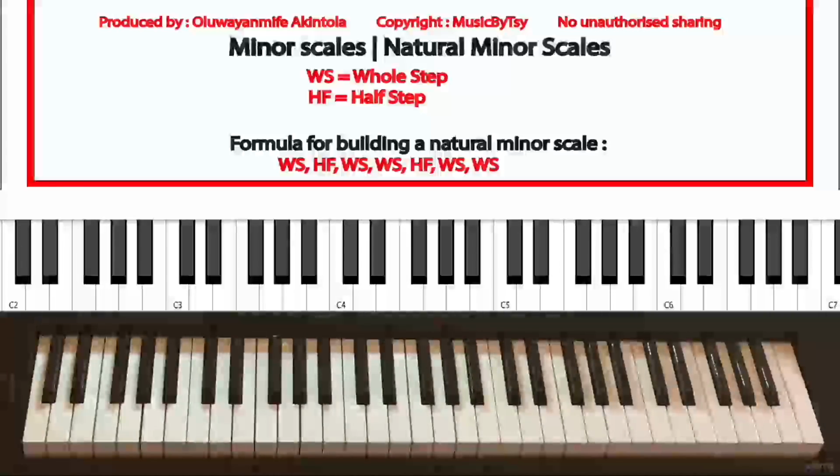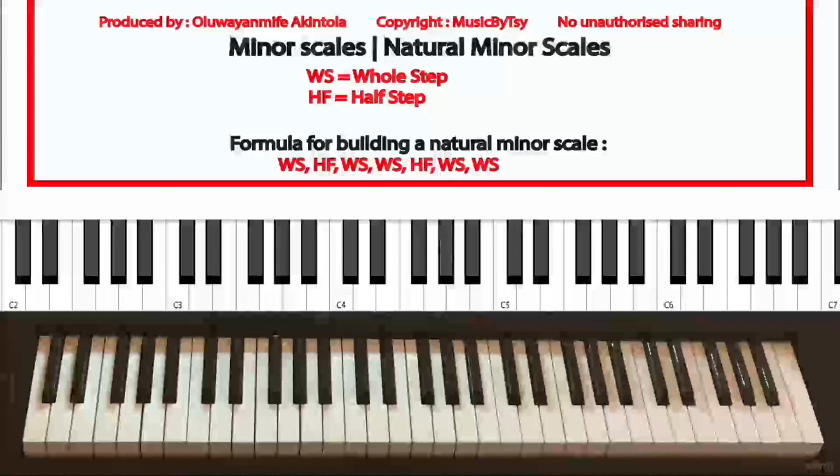Therefore, the C major scale and the A natural minor scale are related. So each major scale has a natural minor scale that it is related to. That is, they both share the same set of unique keys.